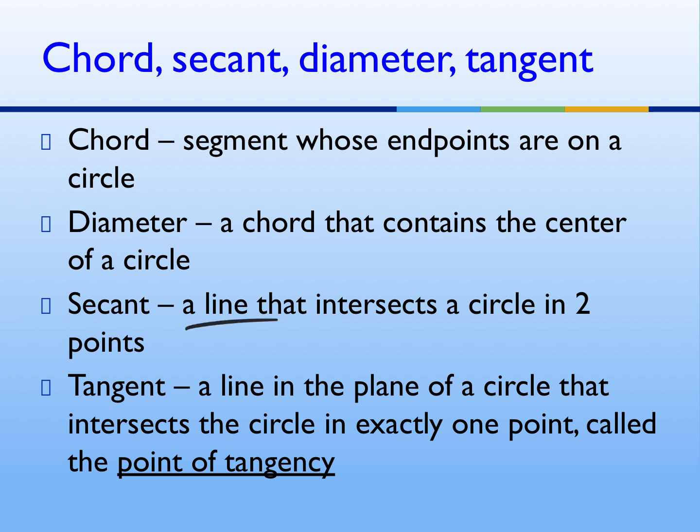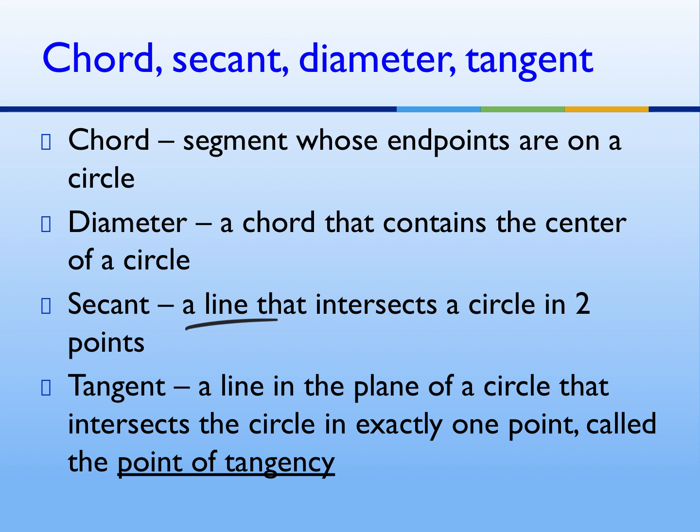Underline the word line, guys, okay? A secant is a line, not a segment, that intersects a circle in 2 points. And then a tangent is a line in the plane of a circle that intersects the circle in exactly 1 point, called the point of tangency, okay?